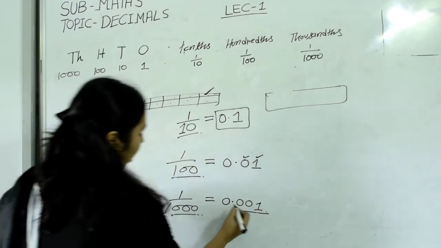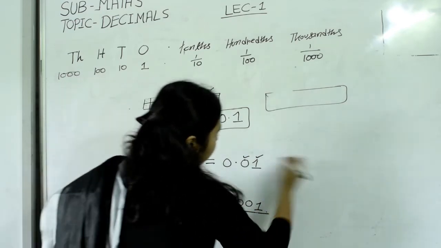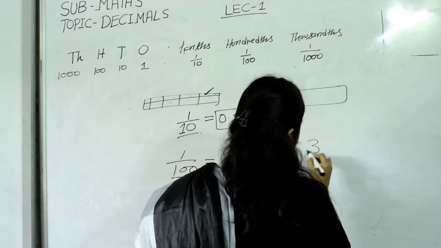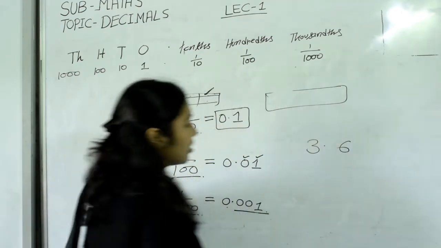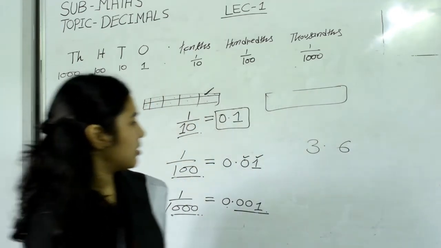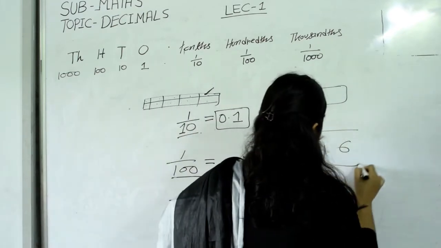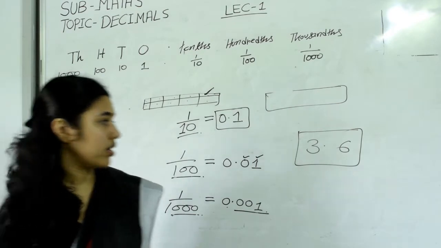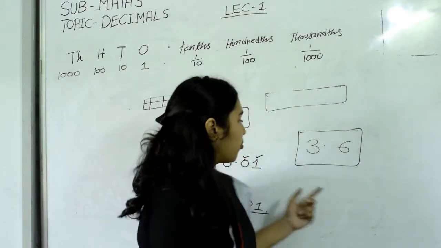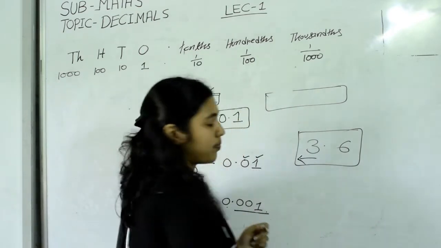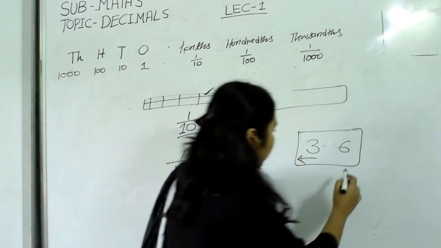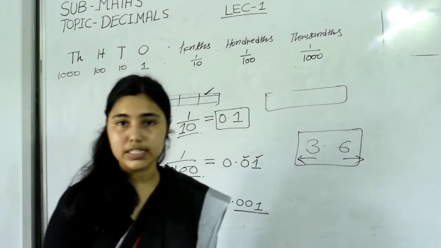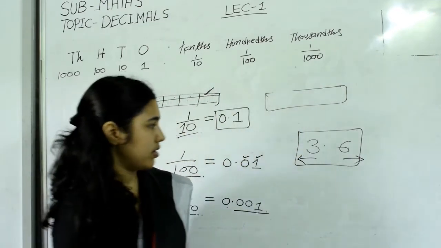Now, suppose this is a number, then we know that this is a decimal number. We know that any decimal number contains 2 parts. One is the whole number part and the other is the decimal number part.